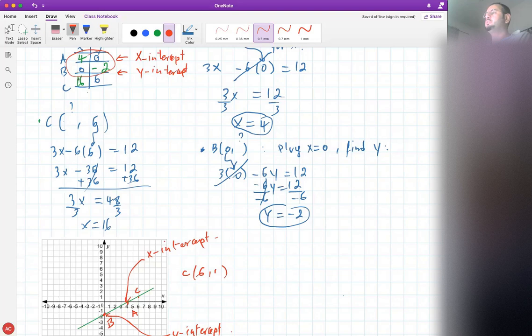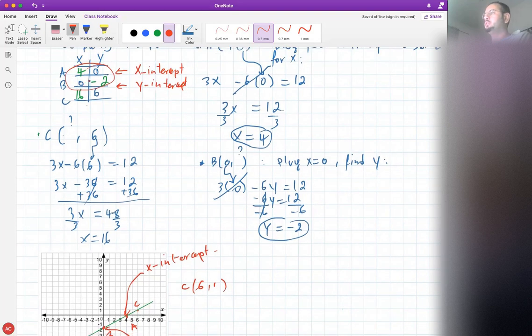So these points are special. Remember, when the y is 0, the point is called the x-intercept. When the y is 0, not the other one. And also, if the x is 0, we call the point the y-intercept. These numbers are easy to complete, and they're easy to graph, because you are on the x and the y-axis.